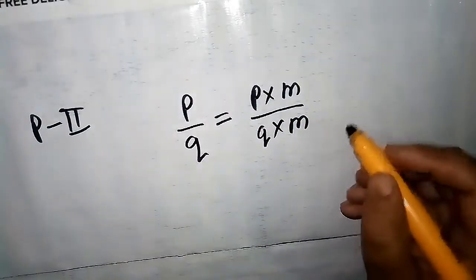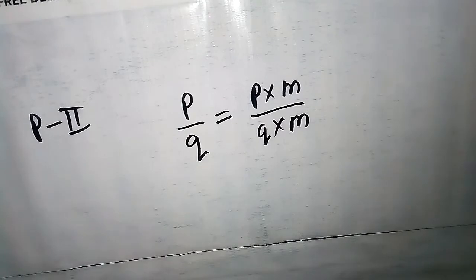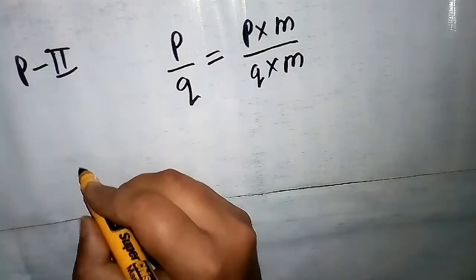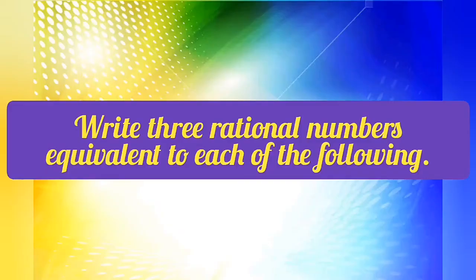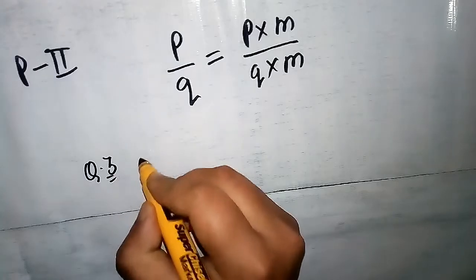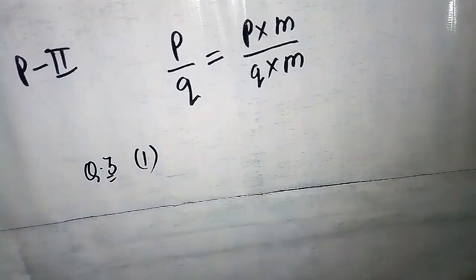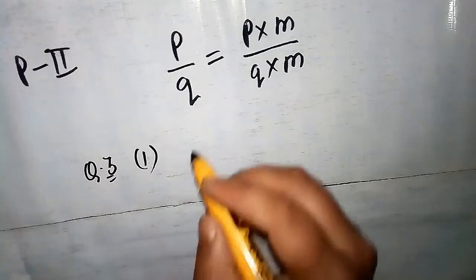Means if we multiply numerator and denominator with the same number, then we obtain an equivalent rational number. Let us solve question number 3 using this property, and the question is: write 3 rational numbers equivalent to each of the following. And the first part is 4/7.